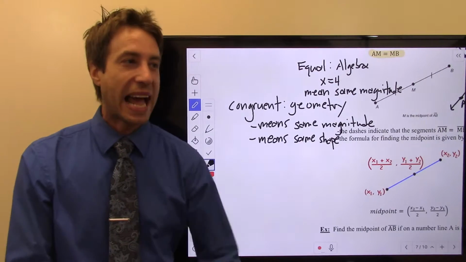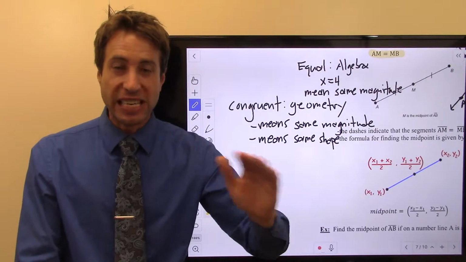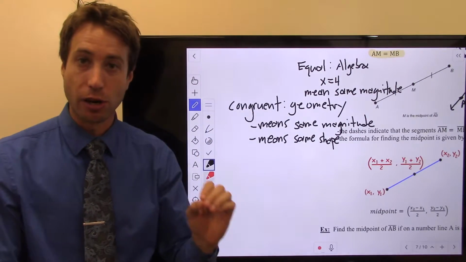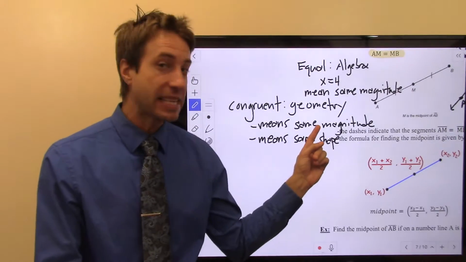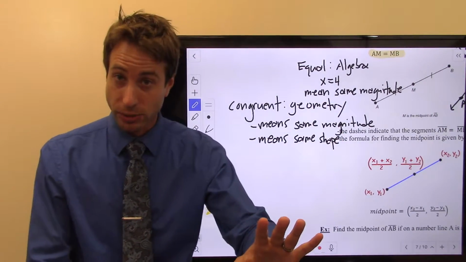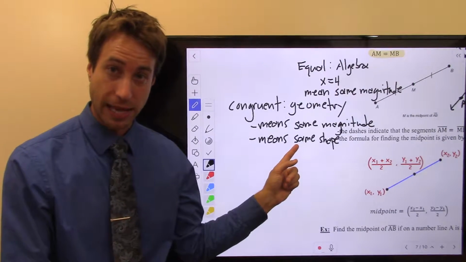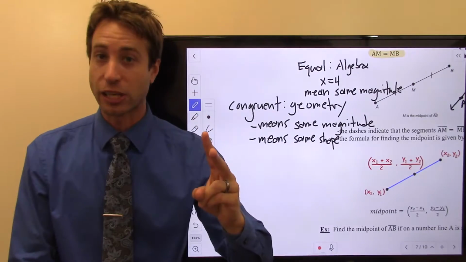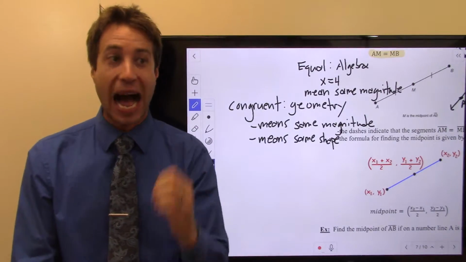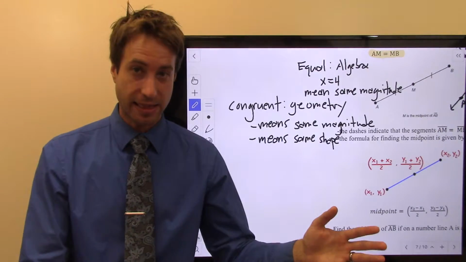So we have this added descriptive nature to the term congruent. Not only does it mean that two things have the same magnitude, but in geometry, when I tell you something is congruent, it also means that they have the same shape. That's the distinction, and why in geometry I will say things are congruent instead of saying that things are equal.